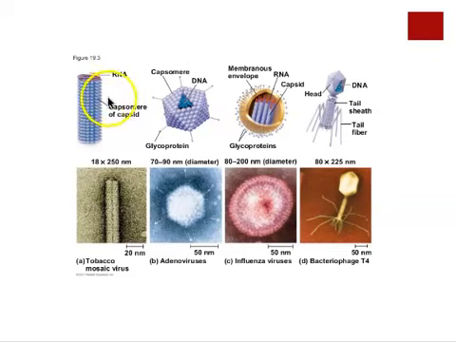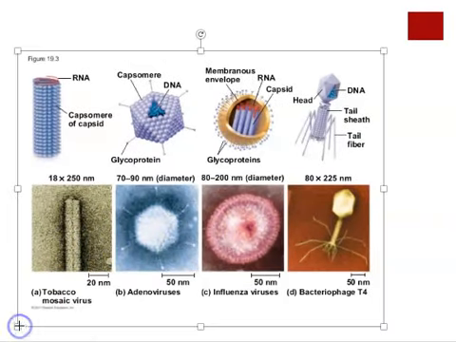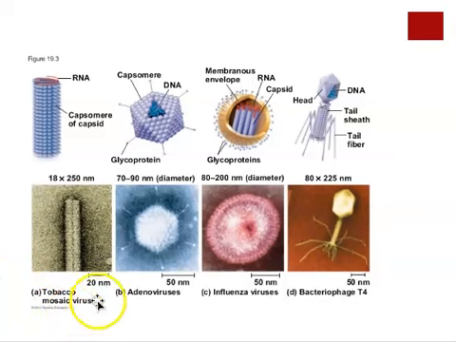You can see drawings of the different shapes across the top of the slide and then EM images underneath. Remember, we're talking about viral particles, so we're talking about something that is very, very small, typically somewhere between 30 and 300 nanometers in diameter.